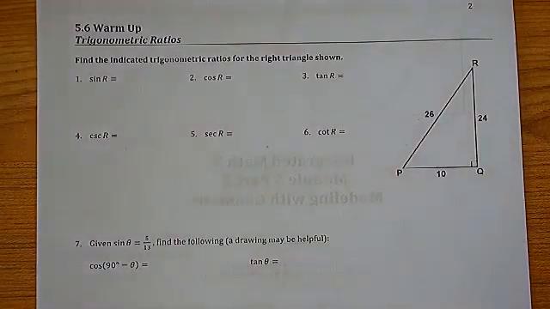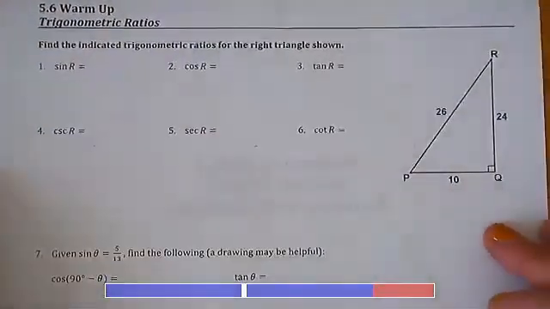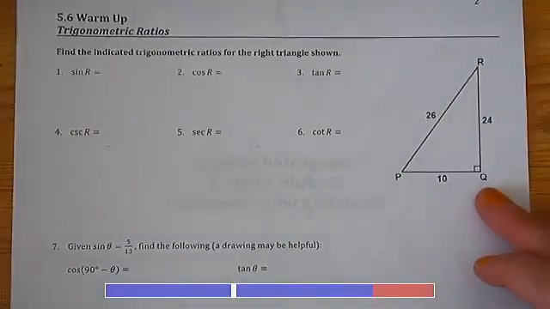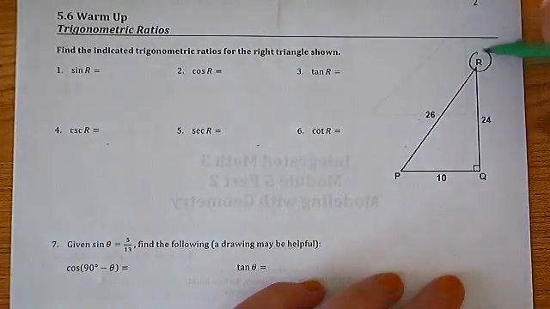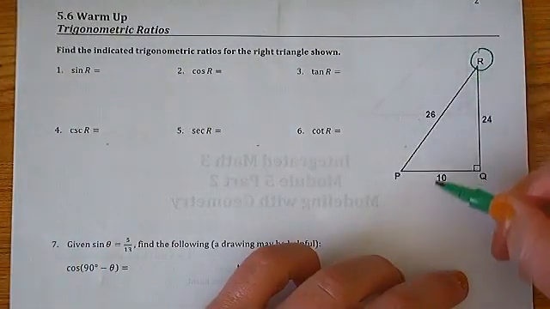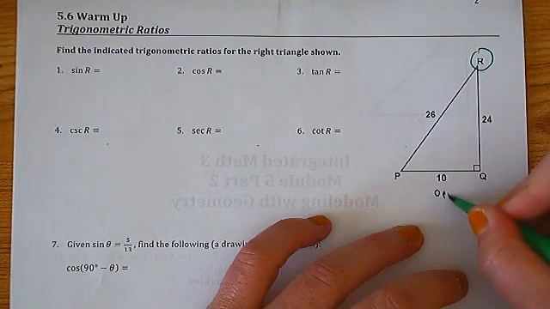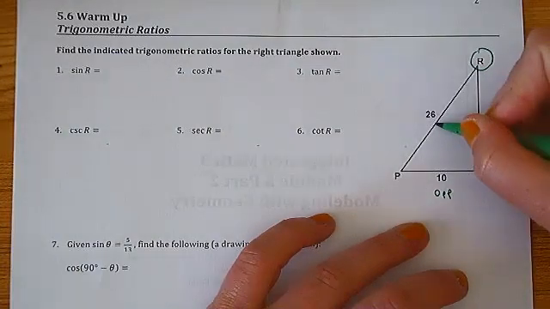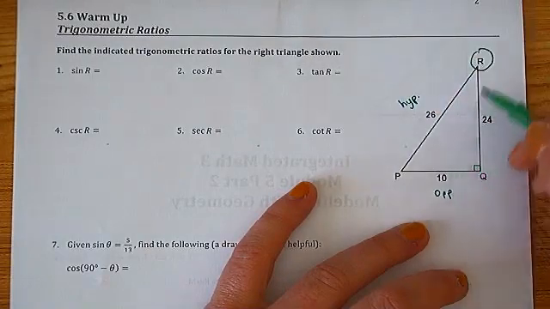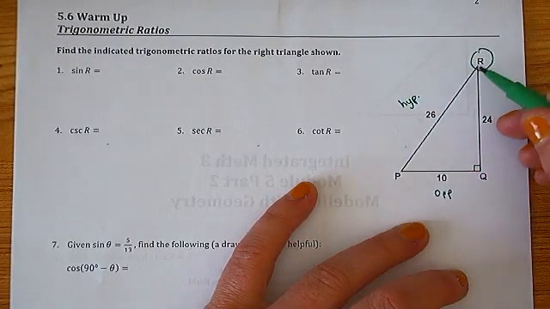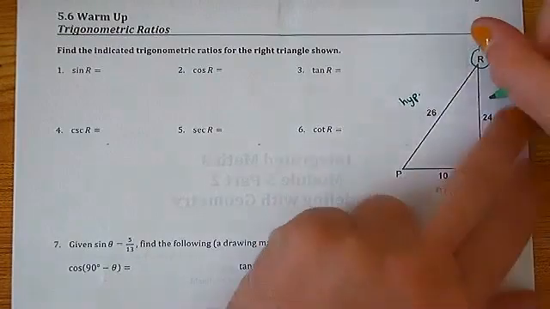So just as a little warm-up, if we have this triangle over here and we're looking at angle R, that would be this angle. And this is the opposite side, right? The hypotenuse is across from the 90. And then the adjacent is the side right next to the angle that's not the hypotenuse.